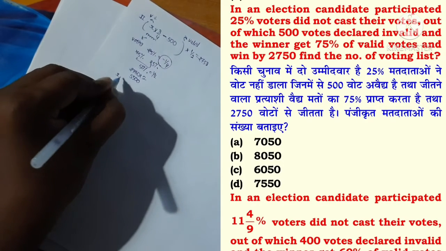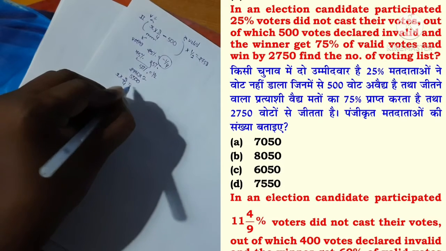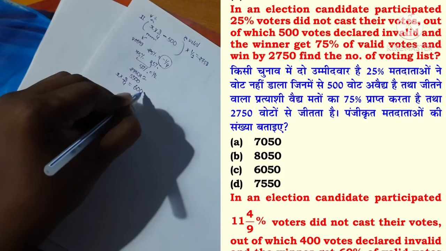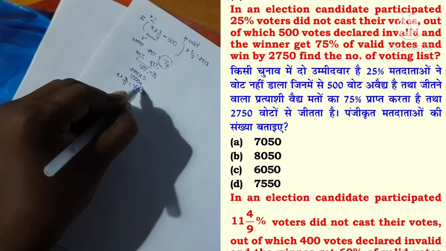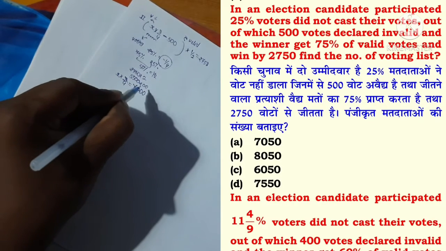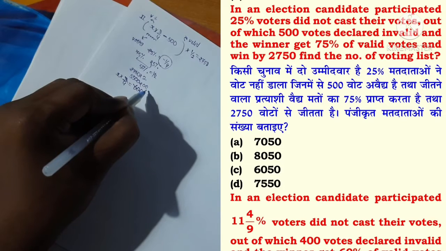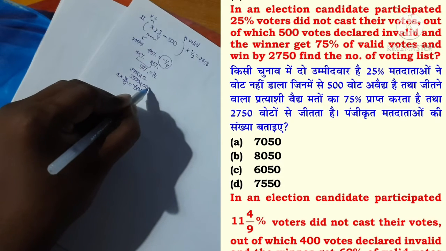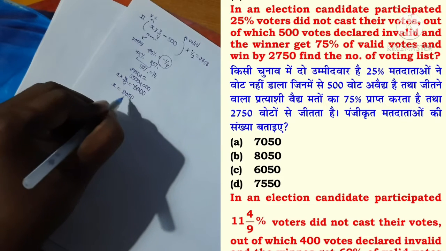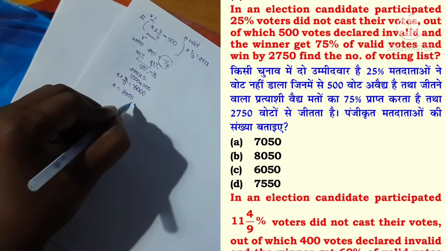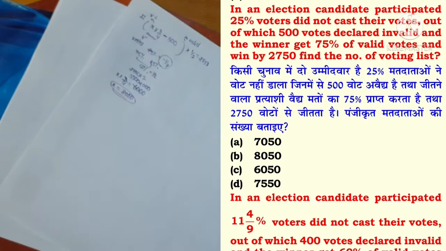So x into 3 by 4 is equal to 6000, so x is equal to 8000.